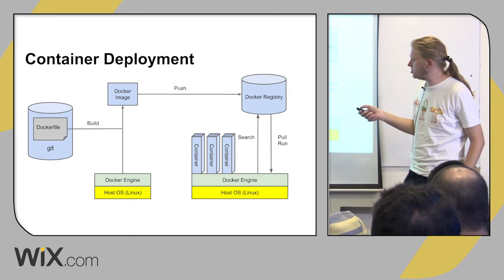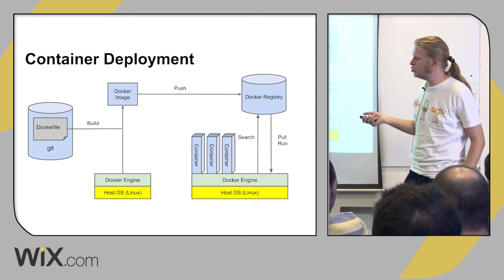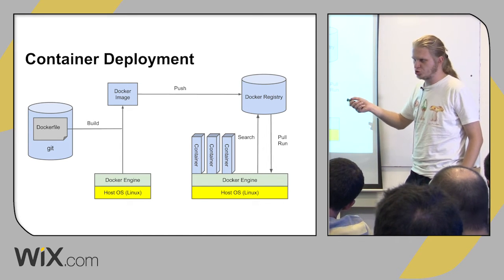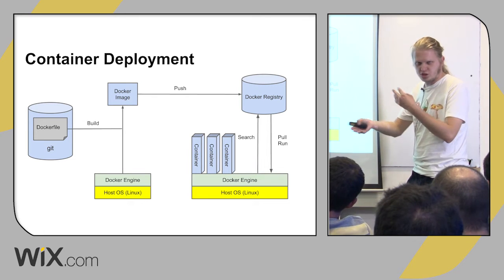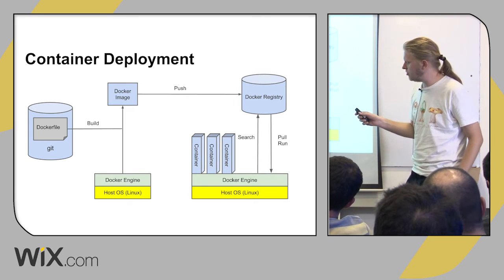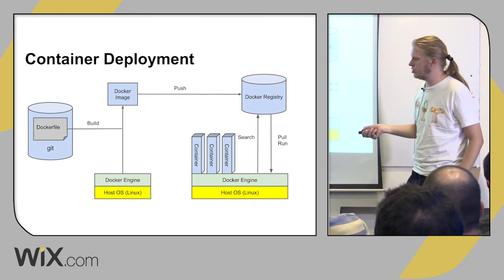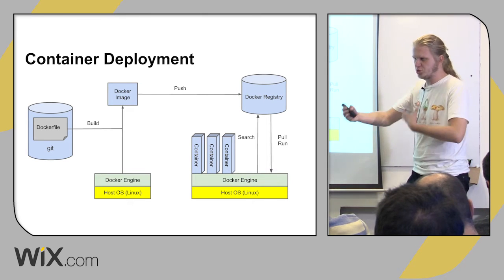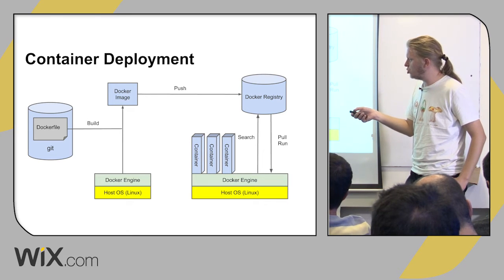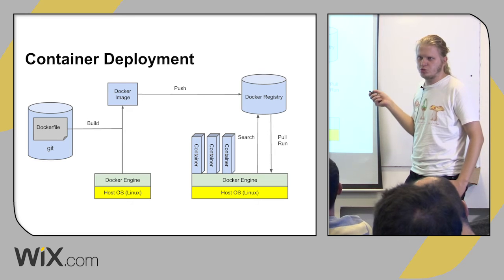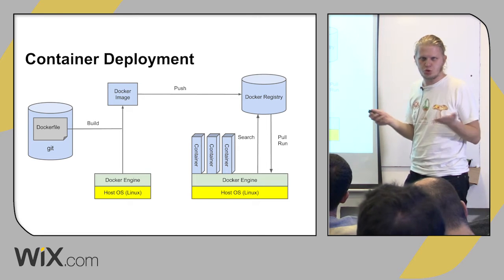So what happens is when you do docker build, it goes according to the Dockerfile, installs stuff, adds stuff, pulls stuff. Then it creates, on your Docker engine running alongside, an image with everything you defined, and you push it to the Docker registry. The Docker registry, as I told you, is a storage for Docker images.